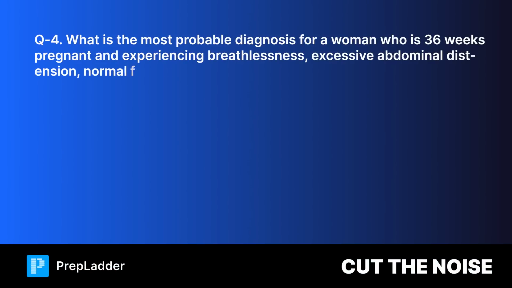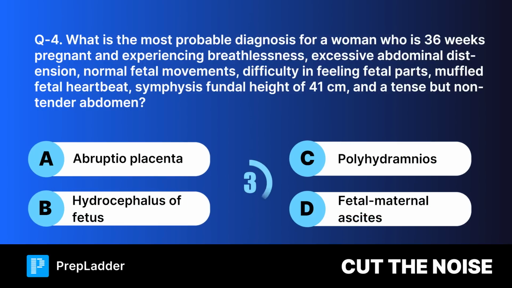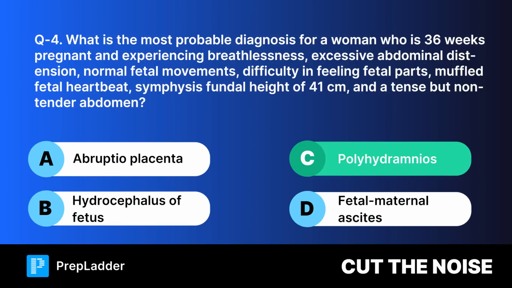Question 4. What is the most probable diagnosis for a woman who is 36 weeks pregnant and experiencing breathlessness, excessive abdominal distension, normal fetal movements, difficulty in feeling fetal parts, muffled fetal heartbeat, symphysis fundal height of 41 centimeters, and a tense but non-tender abdomen? Your options are, and the correct answer is polyhydramnios.